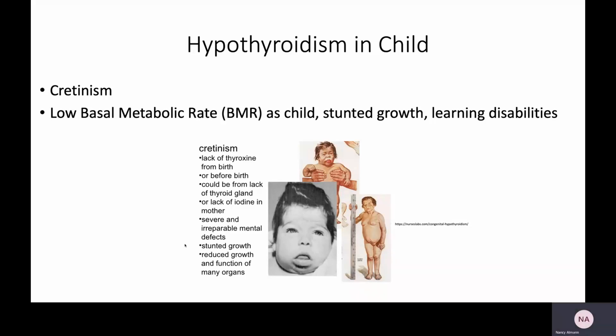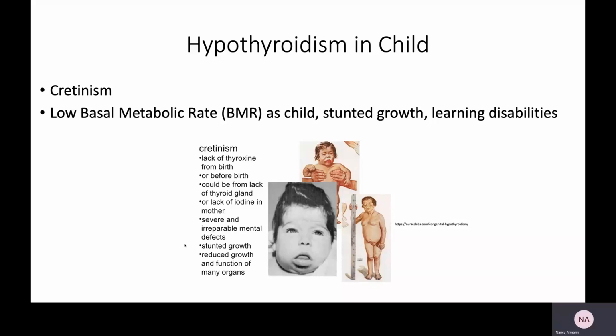If you have a low BMR as a child, and it is long-term, you will have stunted growth, and you are likely to also have learning disabilities. So, associated with lack of thyroxine from birth or before birth, or it could be due to a lack of a thyroid gland or sufficient amounts of iodine.